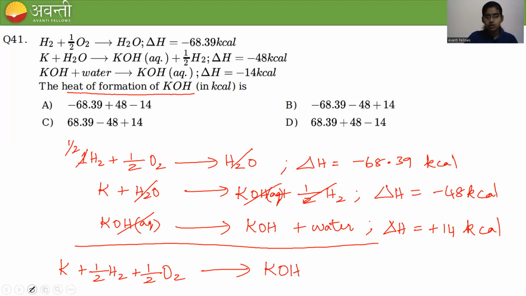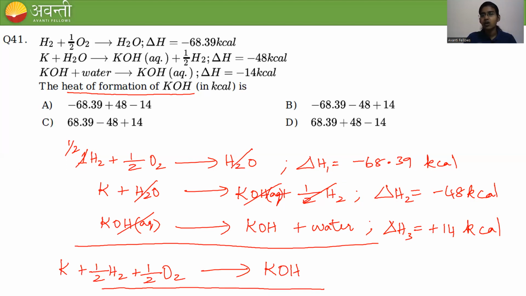Okay, now this is the reaction. So we have to find out the heat of formation of KOH from this reaction. What we have done is just added all the three equations and cancelled the common terms, right? So just add all the three delta H values, that is delta H1, delta H2 and delta H3.